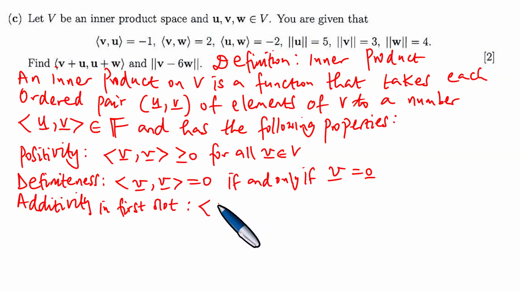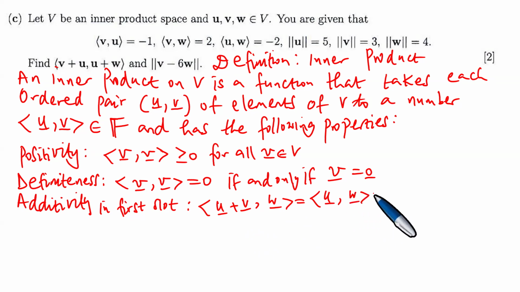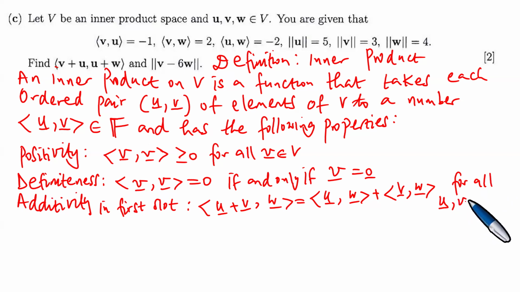So you can have the vector u plus v, with w, and this is the same as the inner product of u and w plus the inner product of v and w. And this is true for all u, v, w in V.